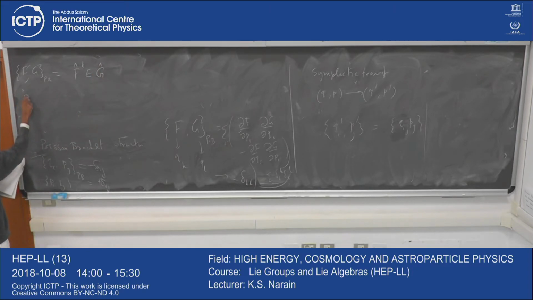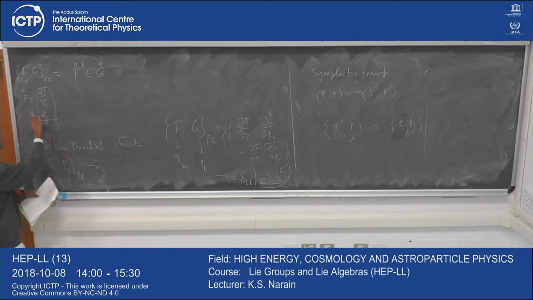f hat is basically df over dp1, df over dp2, all the way up to df over dpn, and then df over dq1, etc., all the way up to df over dqn.